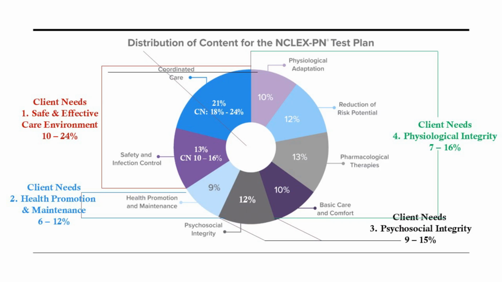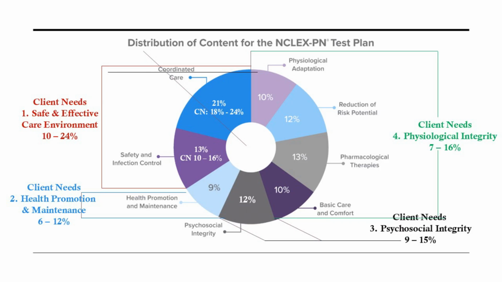And then the other category, the distribution of content, deals with 13%, but 10 to 16% will ask questions specifically related to your client, and that is safety and infection control. The safety issue is high risk for falls, lives alone, those kinds of things.